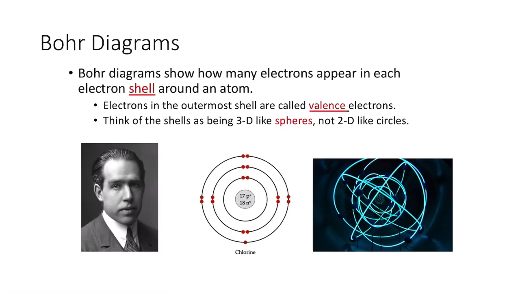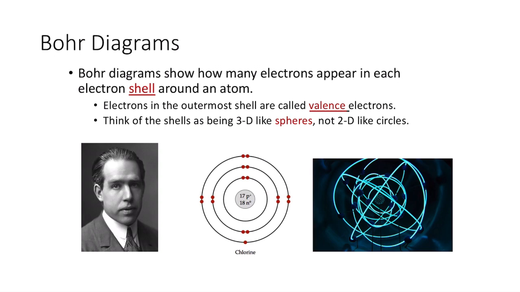Okay, so we are starting today's lesson with a review of Bohr diagrams, which are a review from Science 9. However, I'm going to go through it as if you haven't, or have a vague idea of what it is but don't fully remember. A Bohr diagram shows how many electrons appear in each electron shell around an atom.